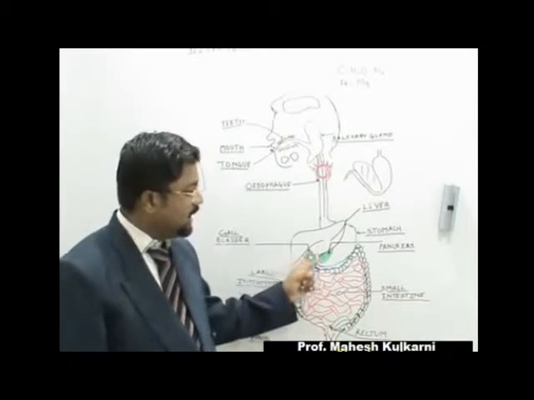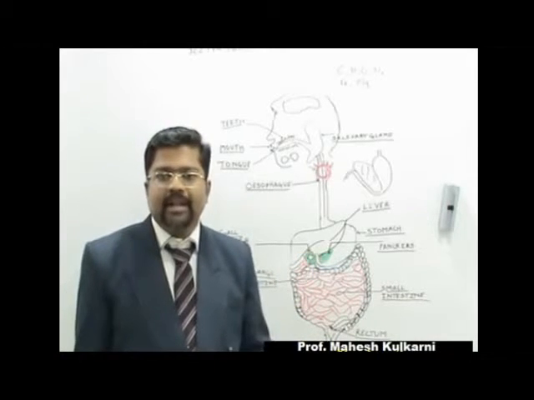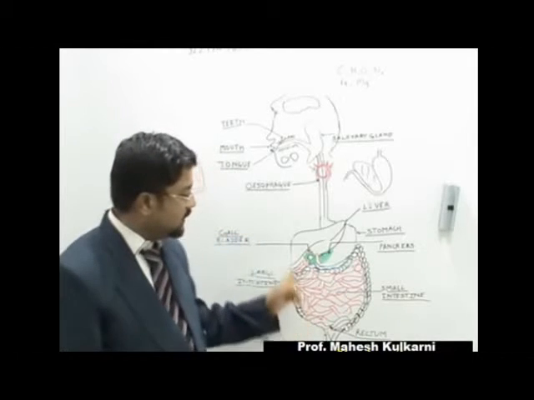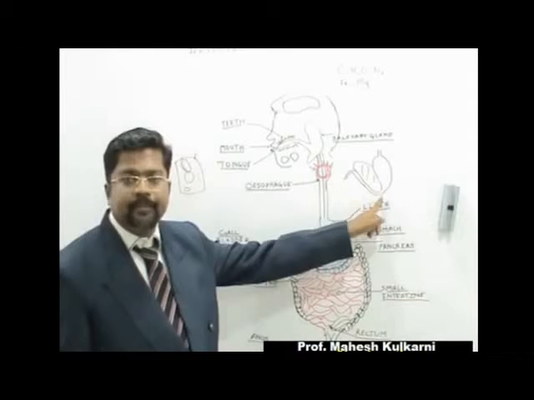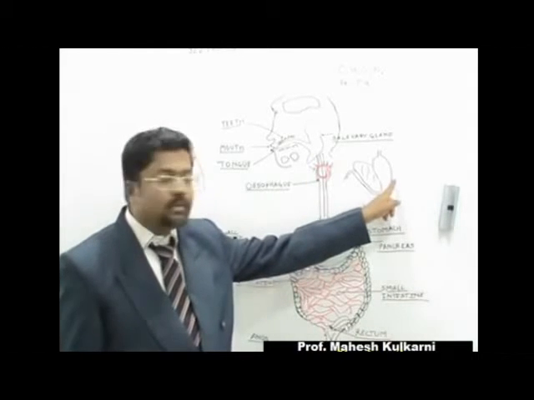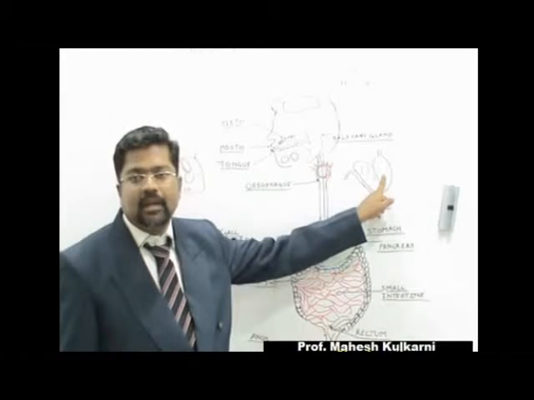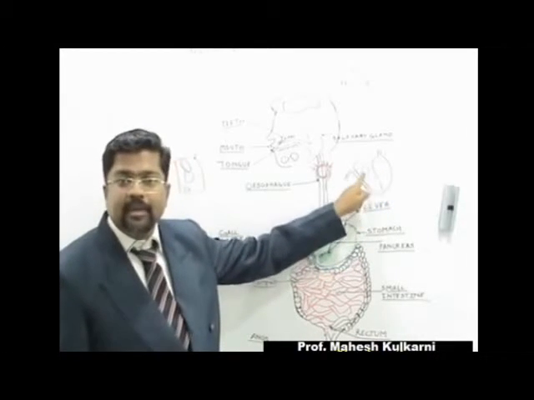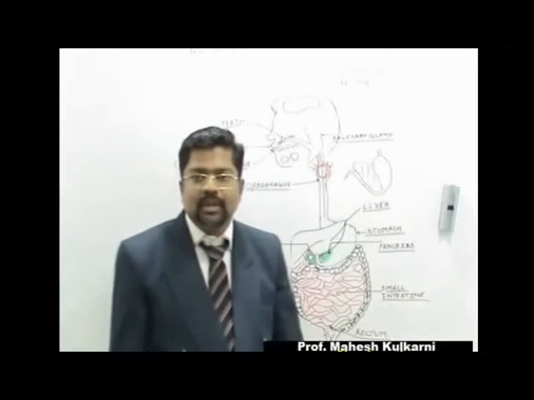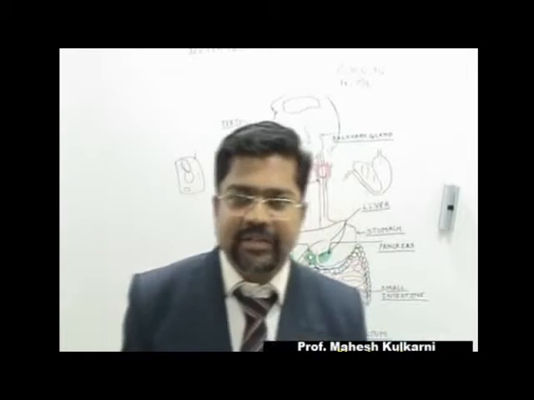This will flow through that duct, called the duodeno-pancreatic duct, and through it will enter the duodenum. The food present in the stomach is acidic. The moment it enters the duodenum, because of the presence of bile juice, it is first neutralized and then made basic in nature.